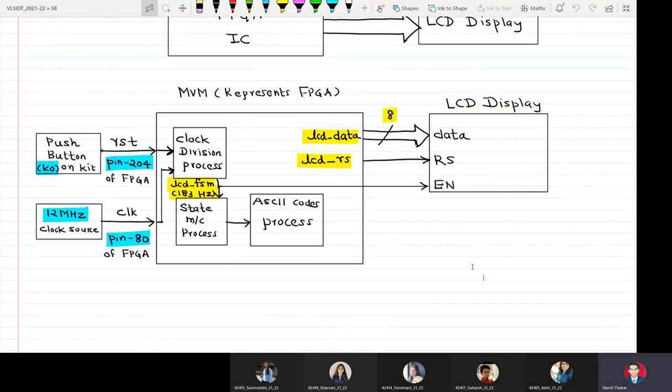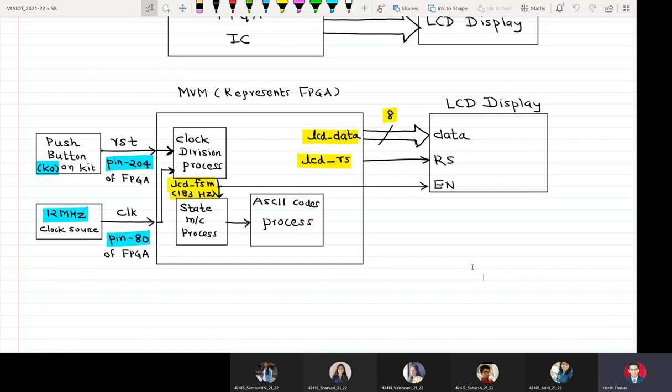That is why we have to write the MVM in such a way that the FPGA outputs the 8 data bits for the LCD display. It also generates the RS input and the enable signal for the LCD display. So the three inputs of the LCD display, that is data, RS, and EN, naturally become the three outputs of my FPGA.